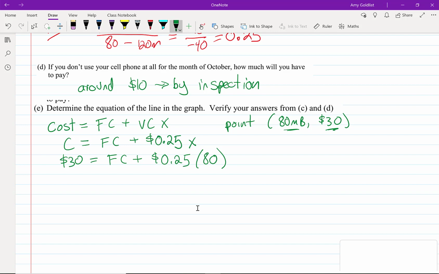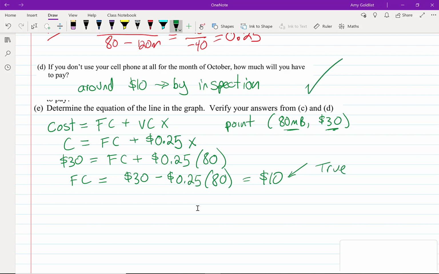But now we have this, it ends up being FC equals $30 minus 0.25 times 80. And we can just run that through a calculator and we get $10, which is actually what we guessed in the previous examples. So that is true.